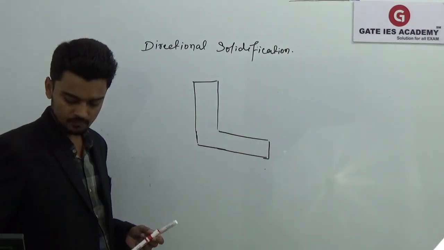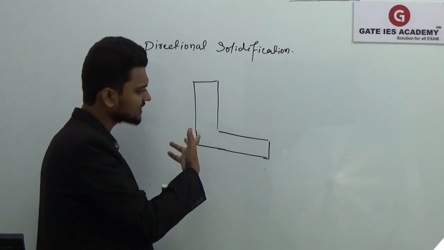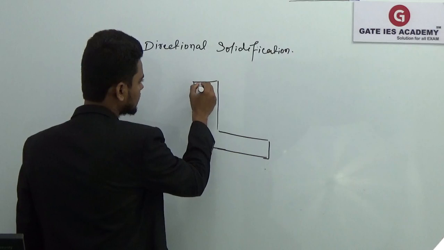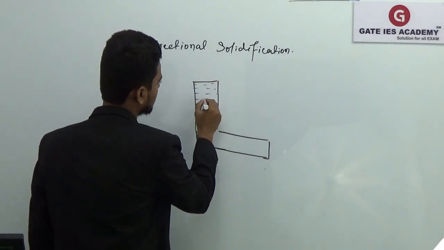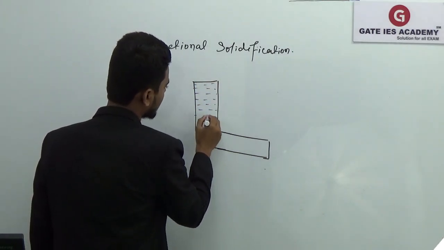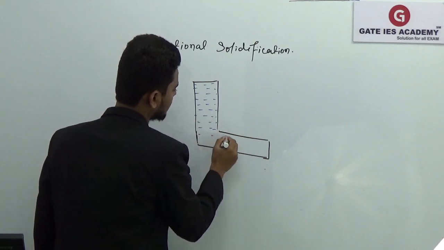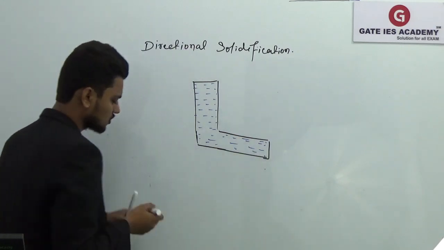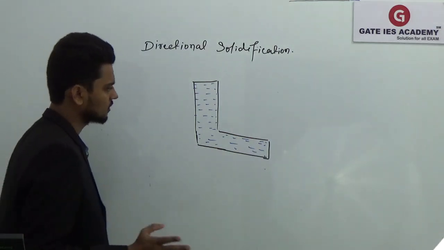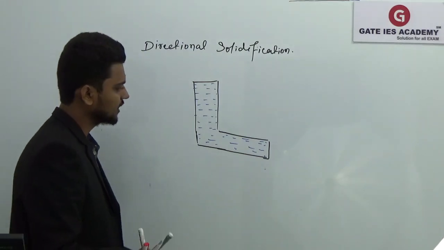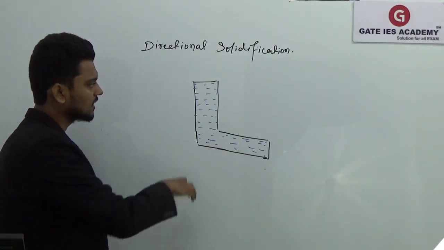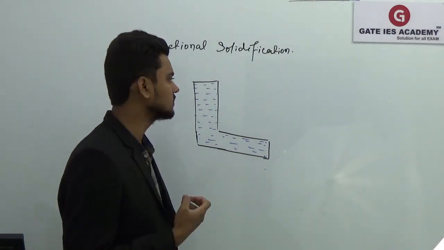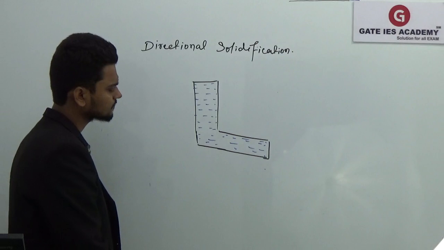molten metal. Obviously you require a cavity of L shape, and that cavity is to be filled with the molten metal, that is the required material of your casting. So say this cavity in your mold is completely filled with the material that you wanted to cast.